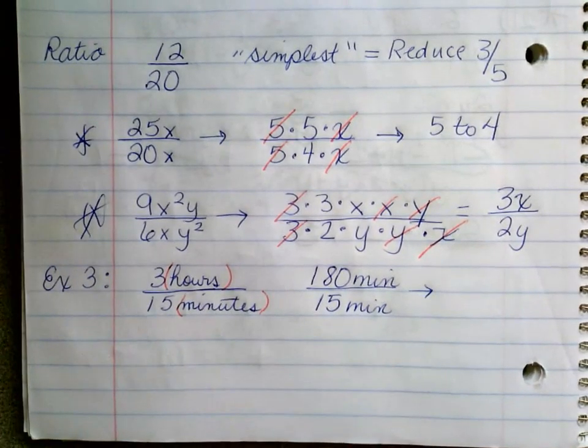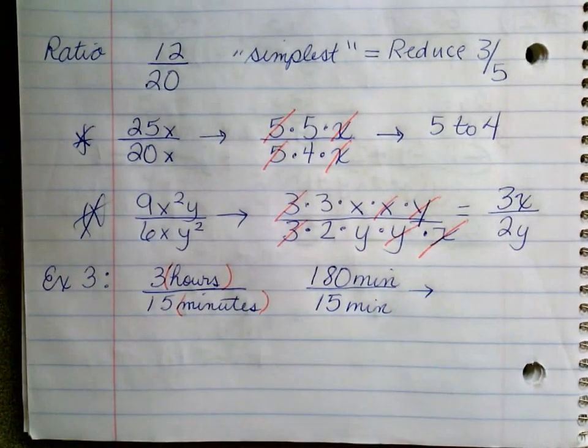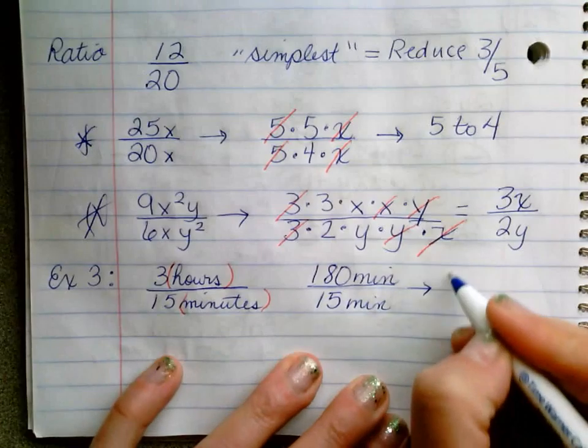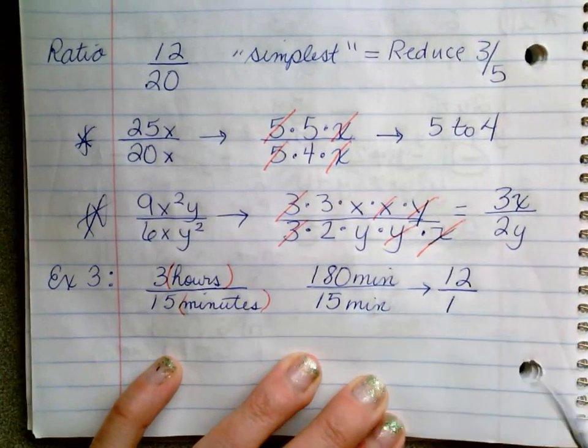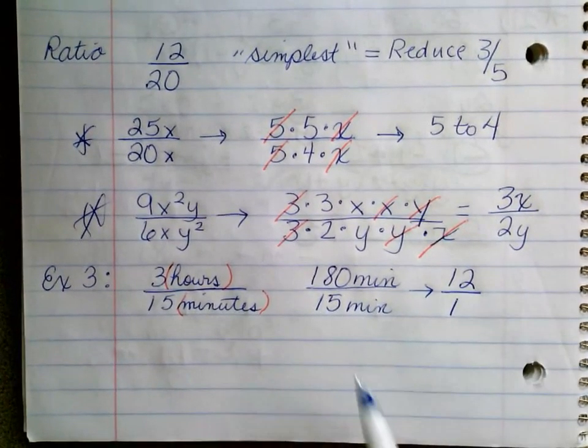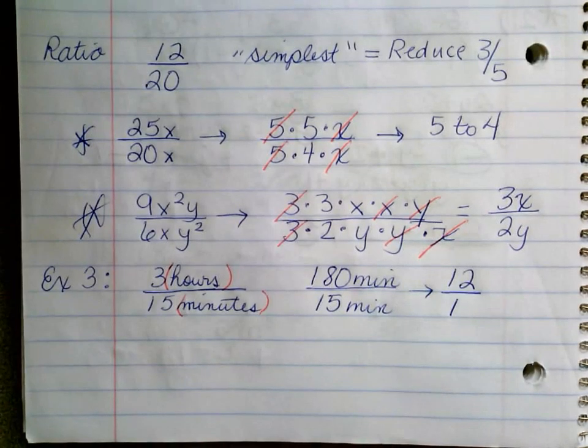Once I do that, I'm able to reduce it, and I get to 12 to 1. Well, where'd the word minutes go? It reduced itself. Whenever you have the unit over the unit and they're the same, they do indeed cancel out. Seriously?